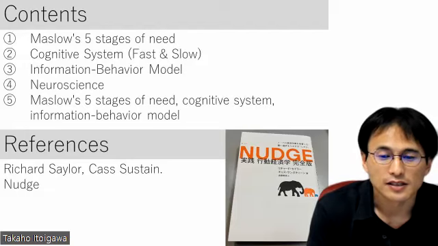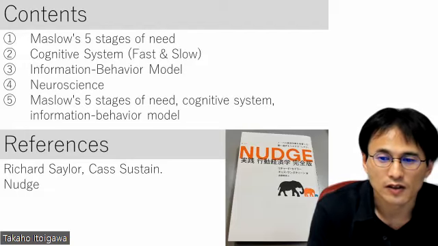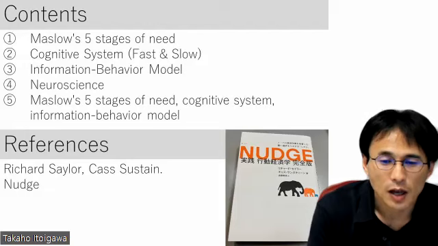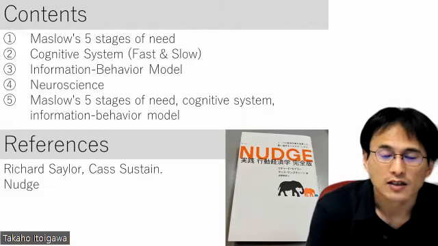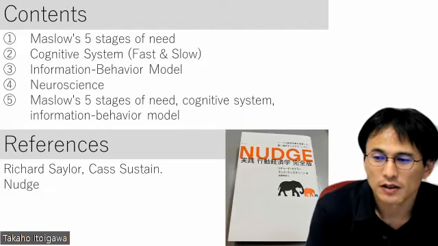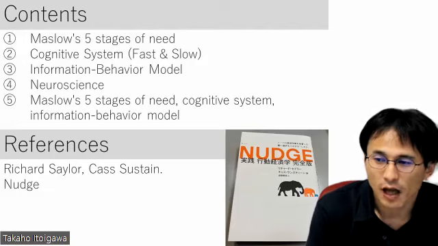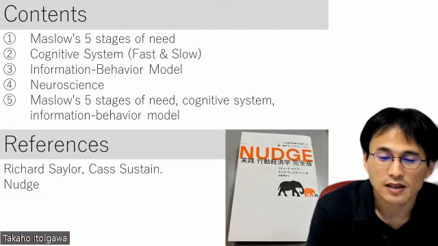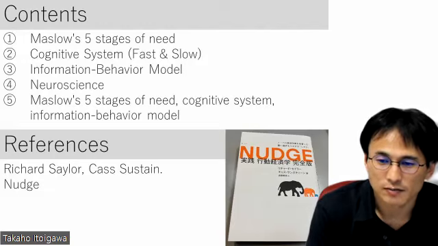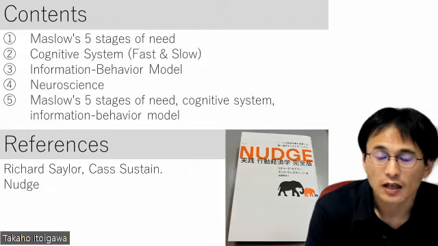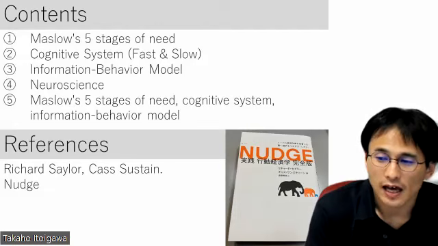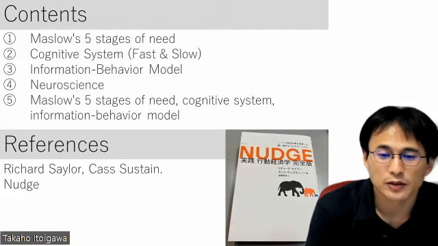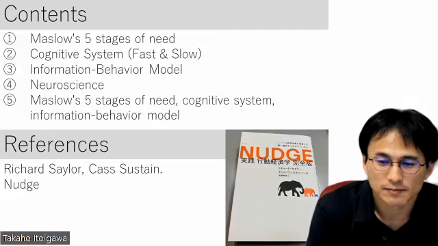First, here is the general overview of this video. First, Maslow's five-level hierarchy of needs is explained as an overarching concept of human motivation. Next, the information that triggers motivation is explained. An overview of how information is received and how information is interpreted is presented.